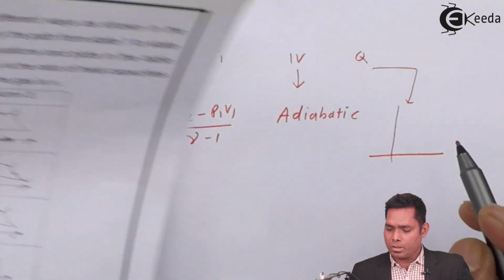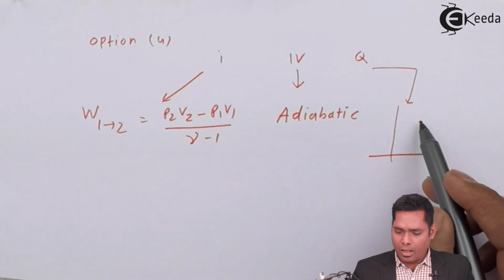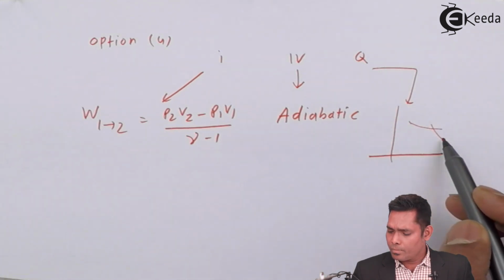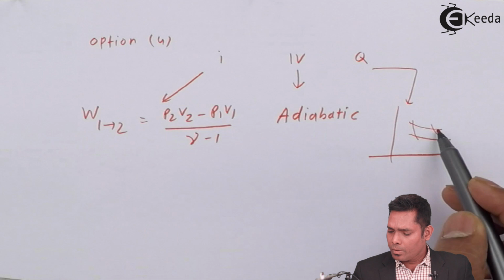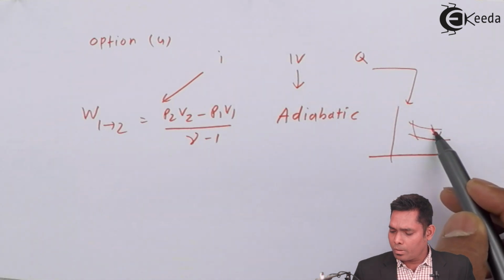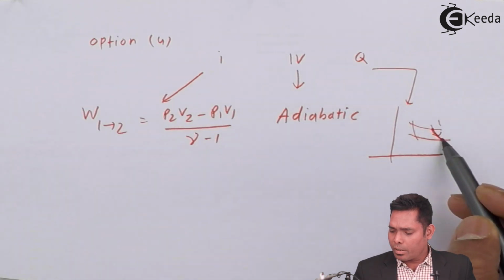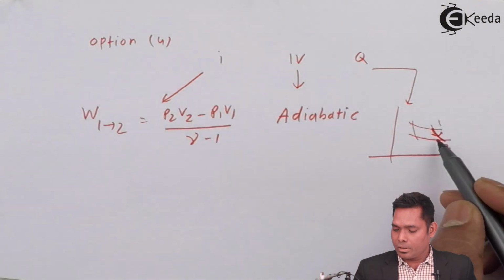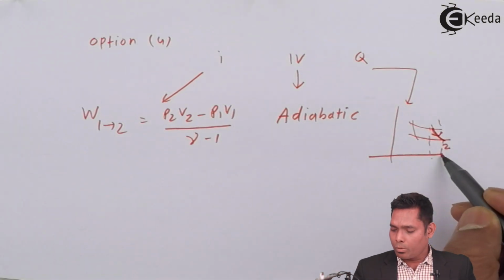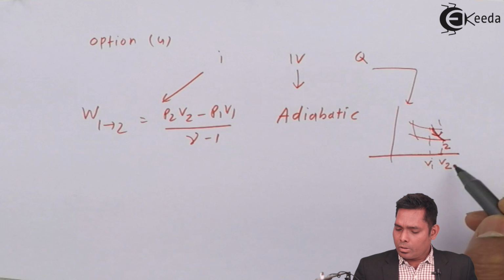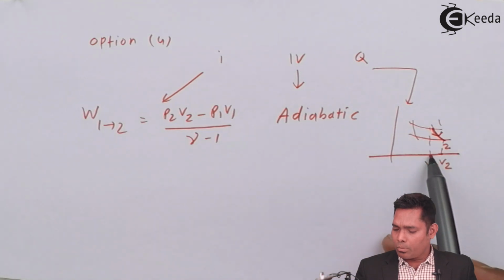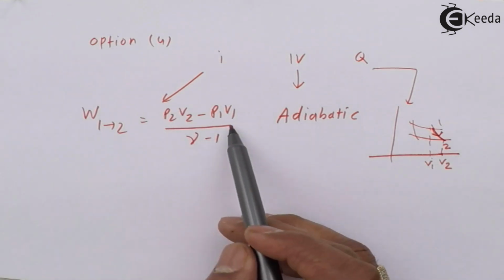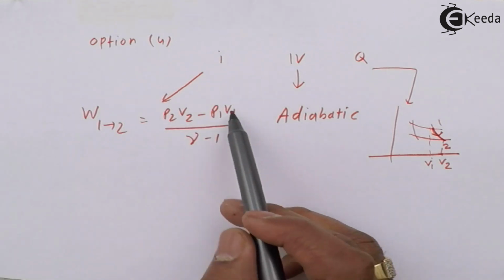This is the adiabatic process. So basically the graph is like this. It talks about 1 to 2, adiabatic expansion from volume V1 to volume V2.